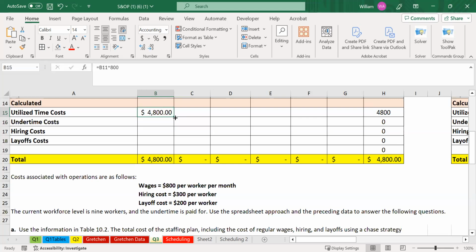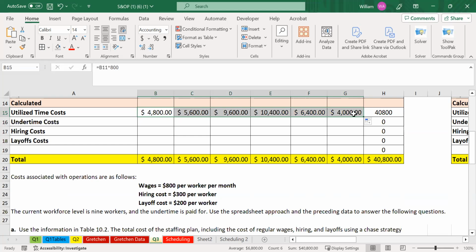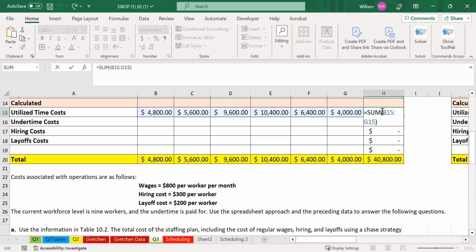So we're going to be paying $4,800 in January and a whole bunch of different amounts all through. My last column here is just the sum total of these costs. If you add them up, you get this here. So over 6 months, we're going to pay $40,000 in wages.